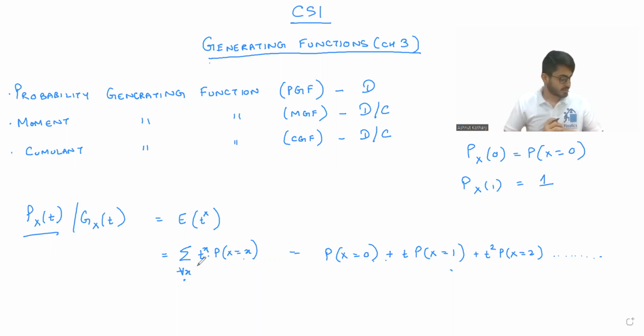Now this is this. These are the first 2 points. Third point: the coefficient of t to the power k is the probability that capital X takes the value small k.